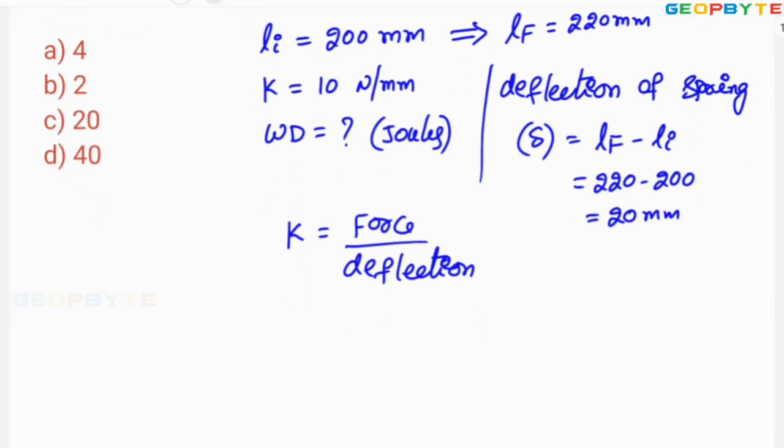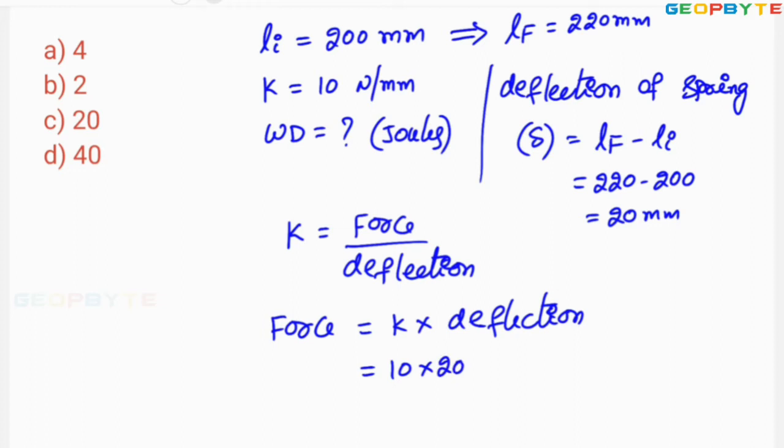From this, the force equals stiffness multiplied by deflection. Here the stiffness is 10, multiplied by deflection 20, equal to 200 newtons.